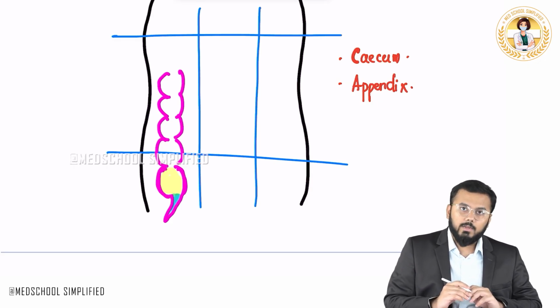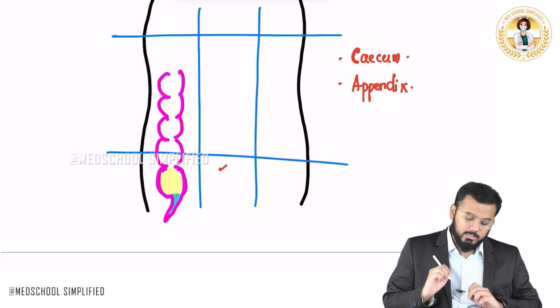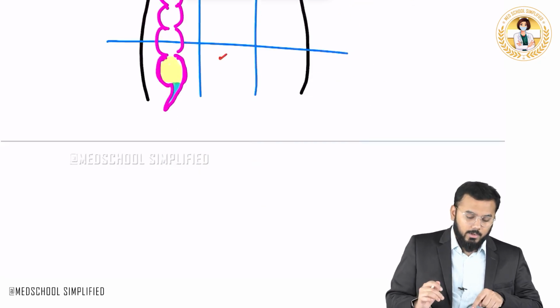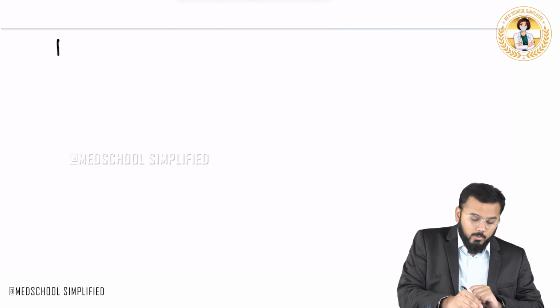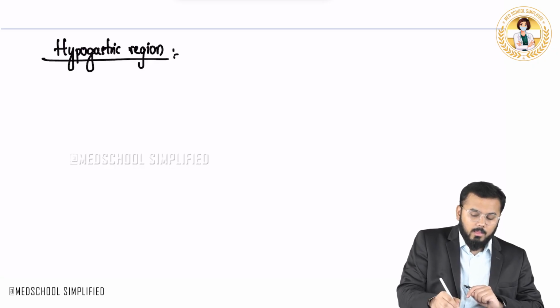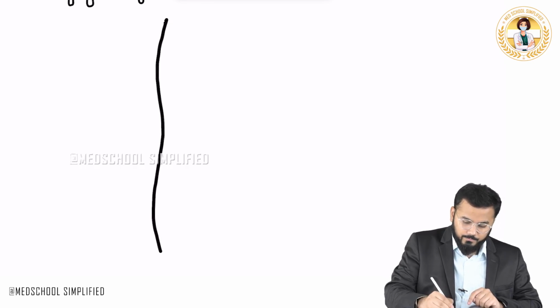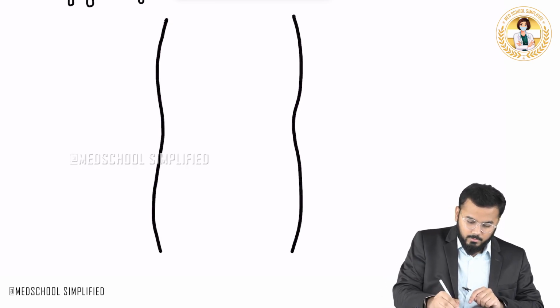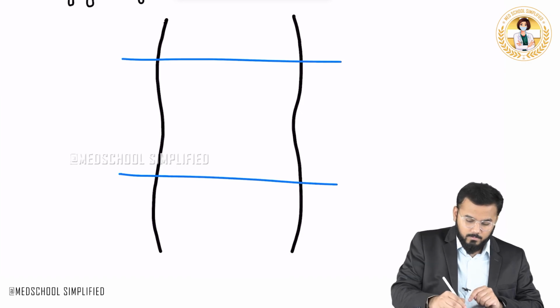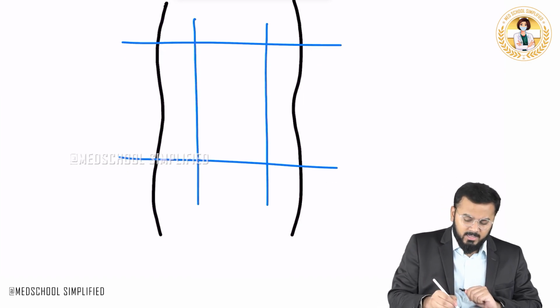Now let us look at what are the structures that are located exactly here. What is this? This is your hypogastric region. Now if you look at the hypogastric region, what are the structures that are located? All of you know this important thing, that here we have got the loops of intestine.